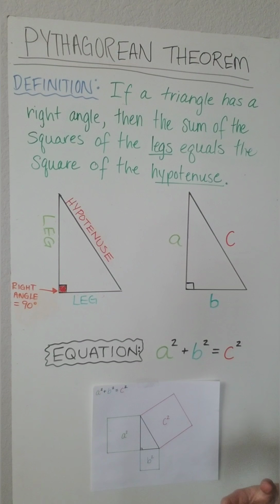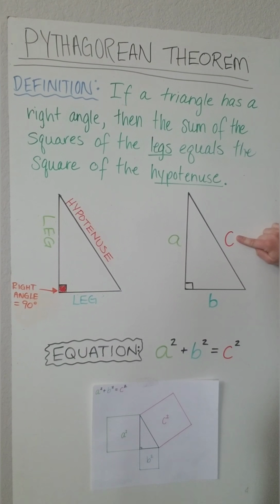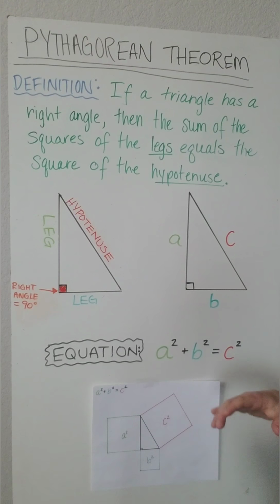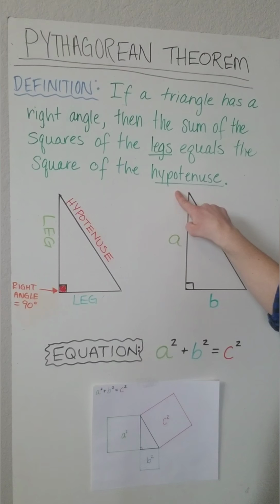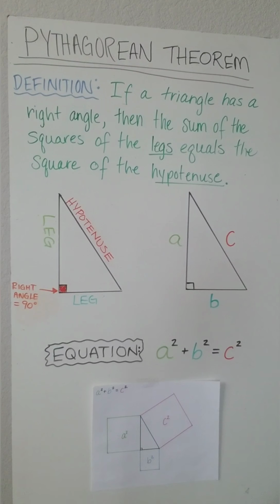Next, we have our hypotenuse being represented with C. In our definition, it says these legs that are squared and added together equal the square of our hypotenuse. So that's why we set that value equal to C squared, because we're looking for the square of the hypotenuse.